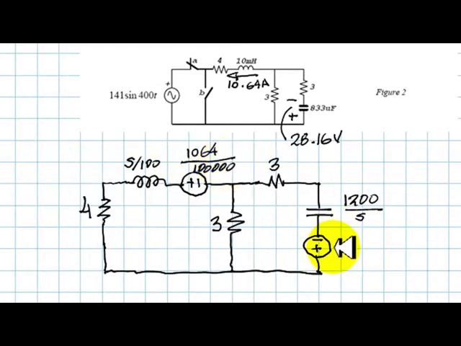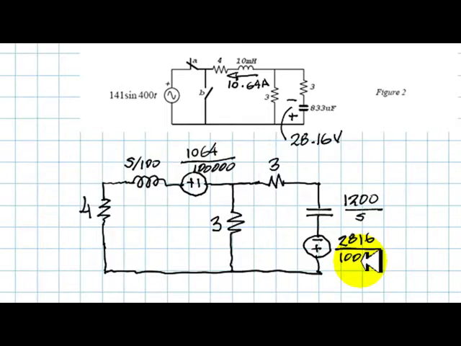And this one, this is VC naught, this voltage, divided by S. But this is 2816 divided by 100. So 2816 divided by 100 S. And this is the circuit we need to solve.